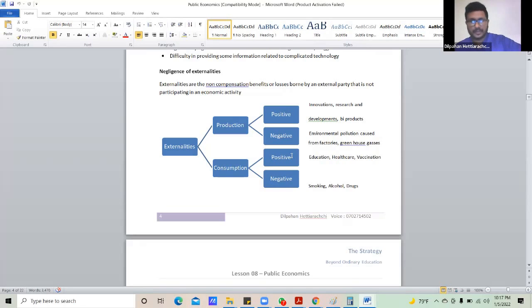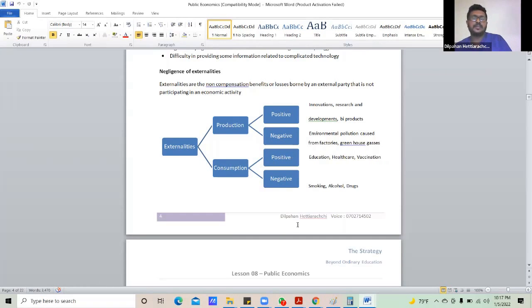So if there is some loss, the government, the market economy, they don't care about it. And if there is a benefit, they also don't care about it. So in both situations, it's a problem. So government should get involved and ensure that they are recognizing all the costs and all the benefits, right? So that's about the externalities.